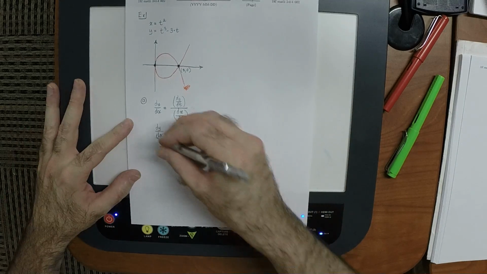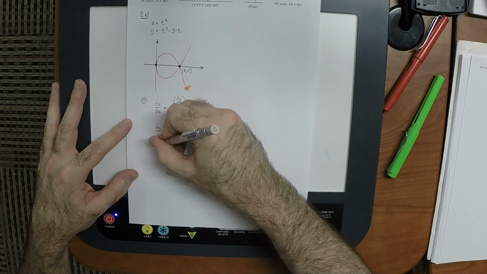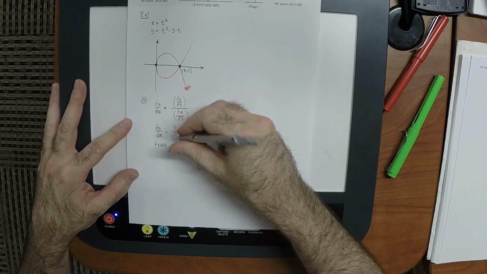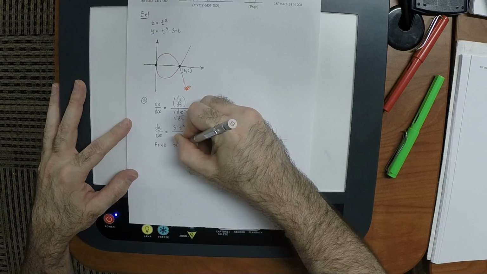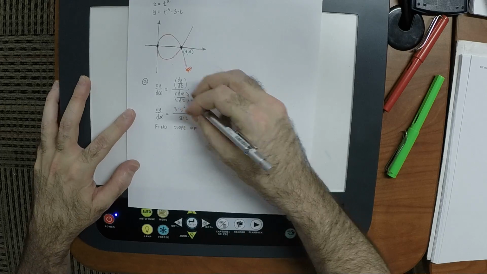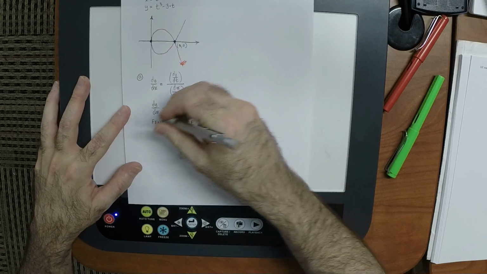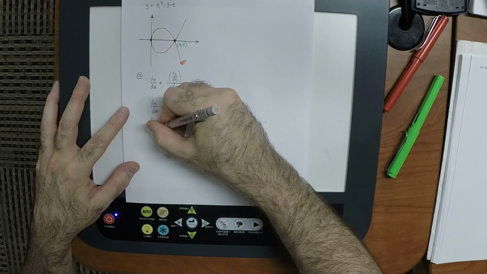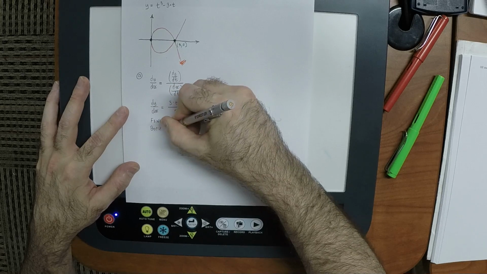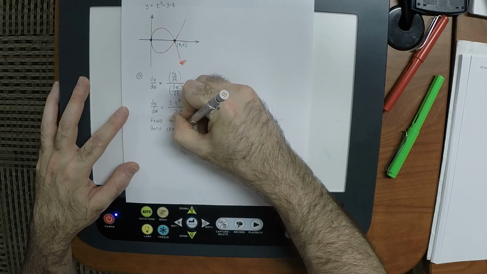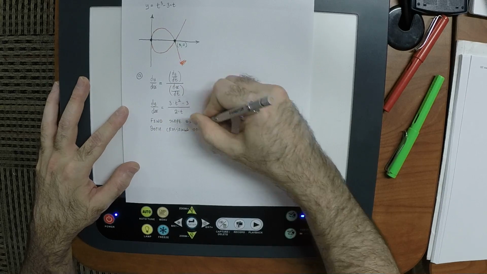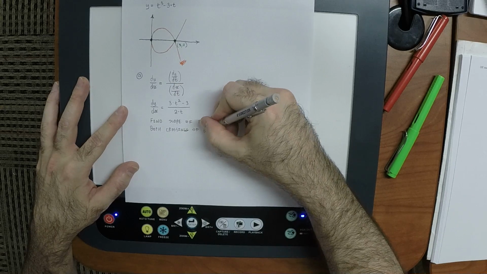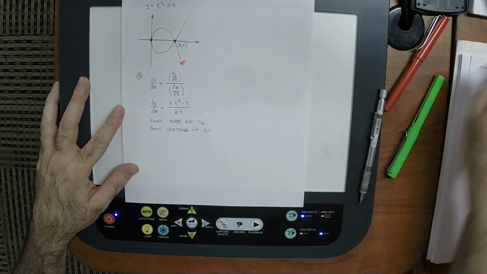Okay, so find the slope of the tangent for both crossings of 3, 0.